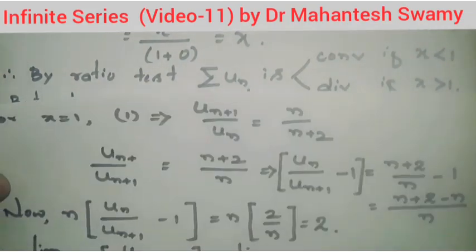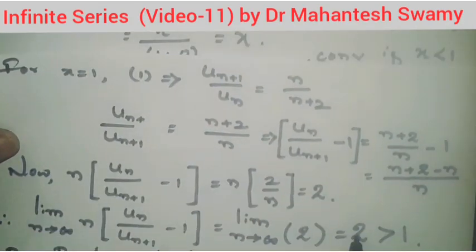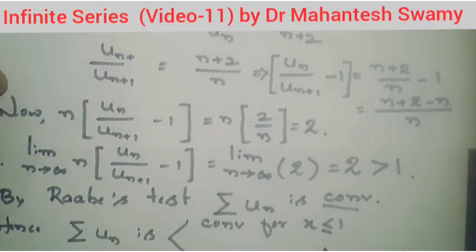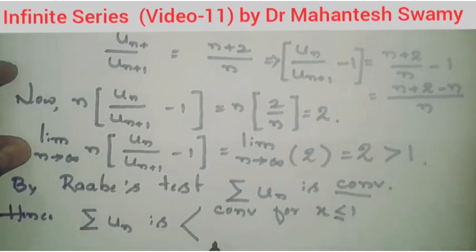So in this case, even for x equal to 1, we got the series as convergent. Therefore the given series is convergent for x less than or equal to 1, and it is divergent, on the other hand, for x greater than 1. So this completes the solution.